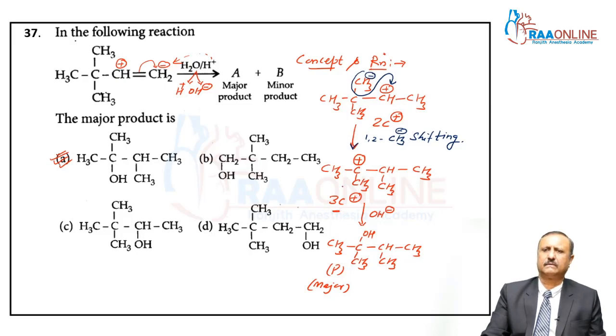This methyl shifting will occur because of the conversion of the secondary carbocation to a tertiary carbocation, and you can see a tertiary carbocation is always more stable than a secondary carbocation. So my dear students, this is the answer, and you can get the product.